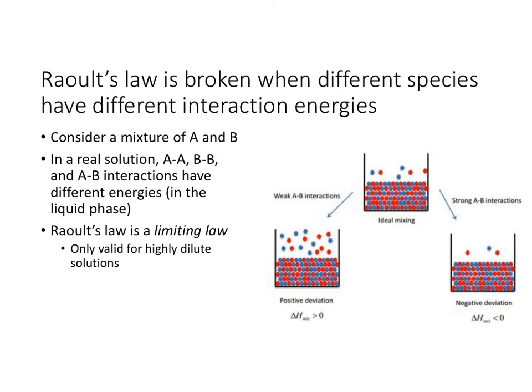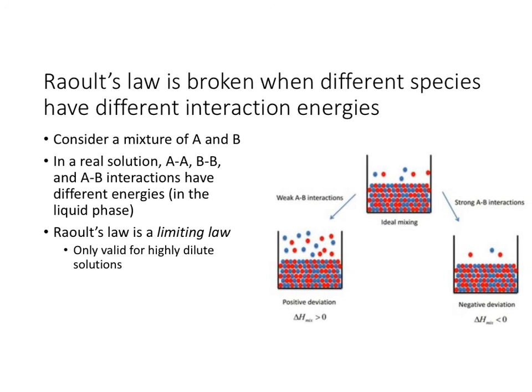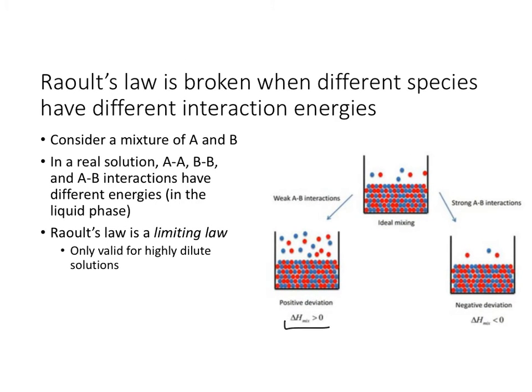Deviations from Raoult's law occur when the different components of the mixture interact with each other with different energies. So therefore, really different enthalpies, because if we're talking about interaction potential energies, then we're talking about differences in enthalpies. In particular, enthalpies of mixing, as you can see from these expressions down here.